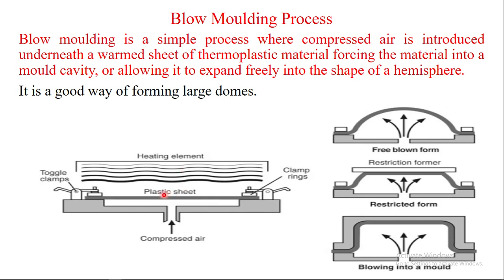After the heat is applied on the top face of the plastic sheet, the compressed air is applied through the bottom of the sheet. Then the free blowing form, or the air, is inserted. Then the heated plastic sheets take this shape.